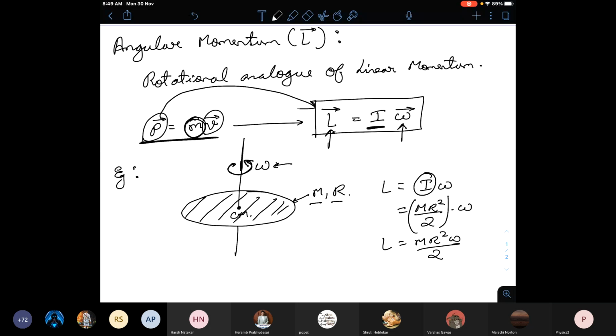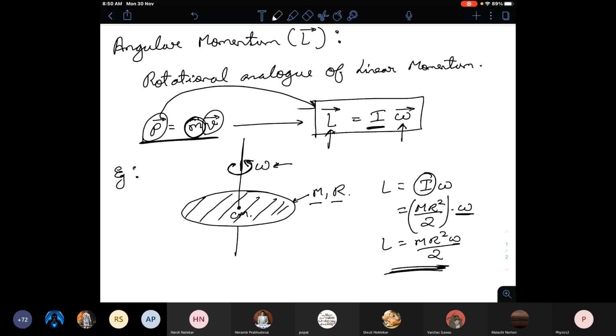The angular velocity of the disk is omega, as given in the question. So the angular momentum comes out to be mr square omega by 2. This is the angular momentum of the disk.